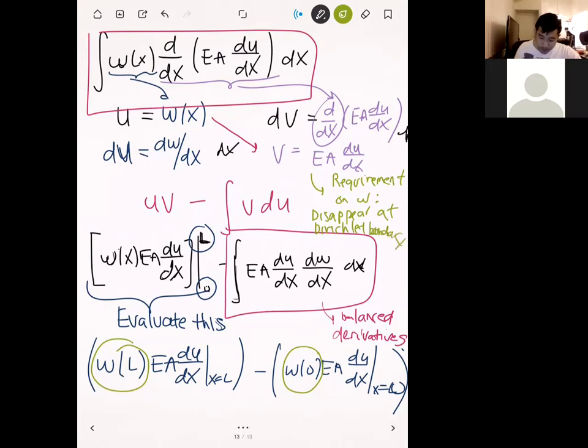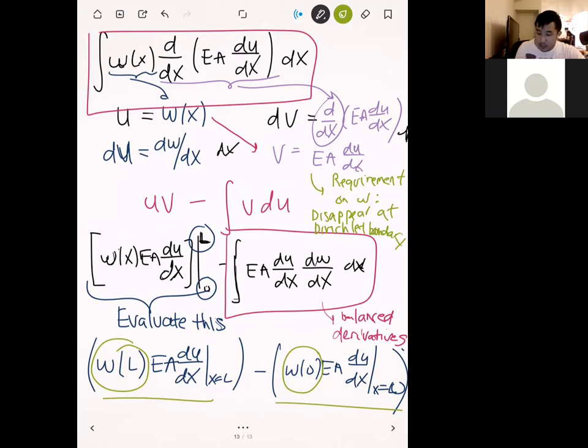The requirement for any boundary value problem is that you have at least one Dirichlet boundary. For all the finite element problems we did in the first half of the class, there was always at least one constraint constraining the whole thing. So one of these two terms just has to disappear, because one of these has to be a Dirichlet boundary.